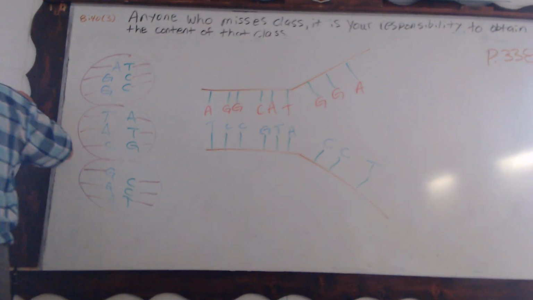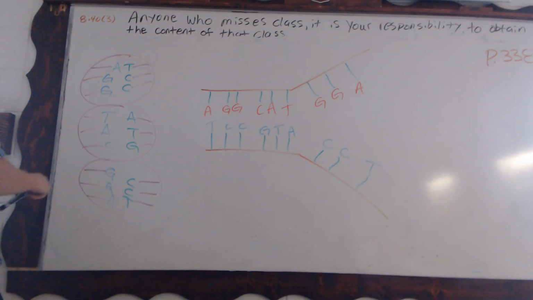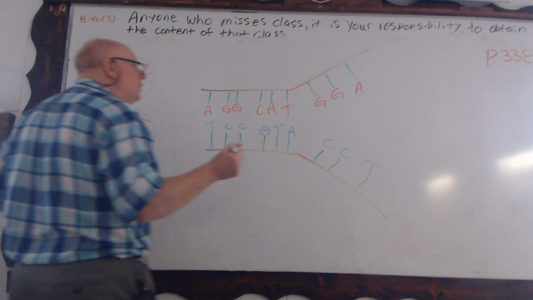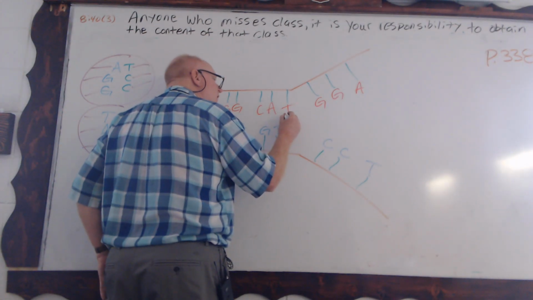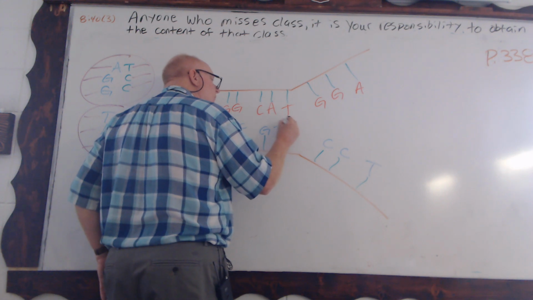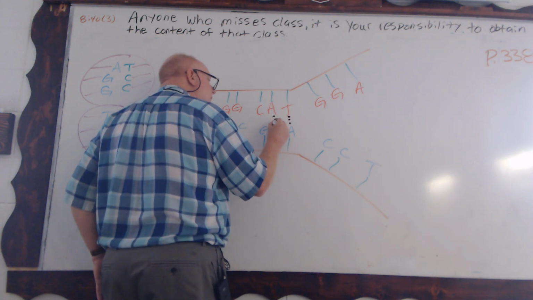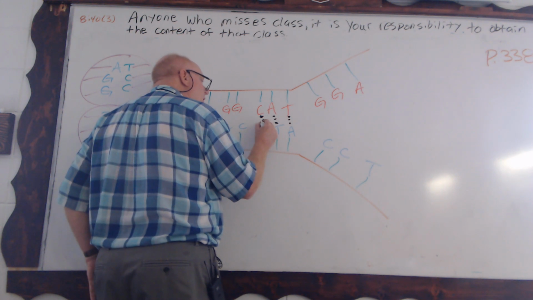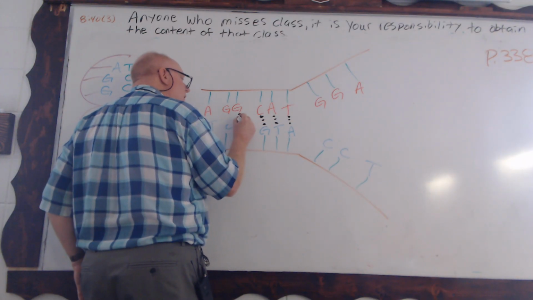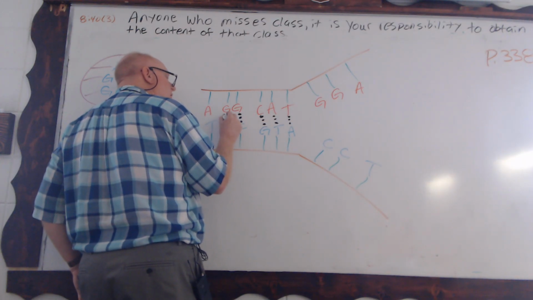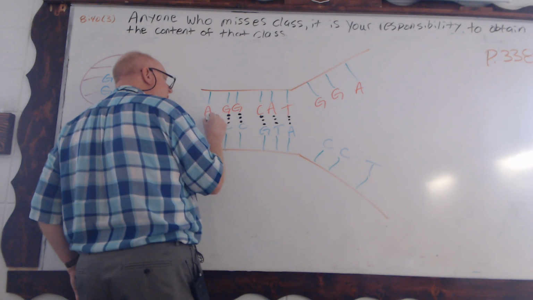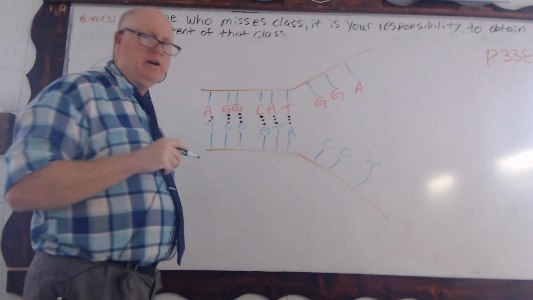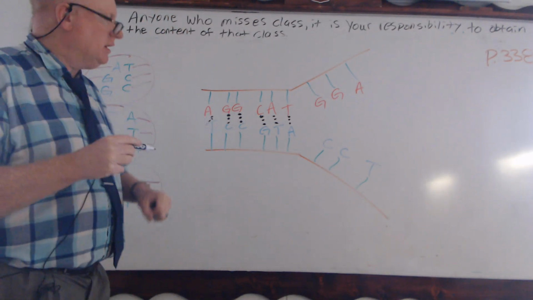Notice it said something about an enzyme. So I'm going to put these little dots in here, just 3 of them, because this is what we call hydrogen bonding, because it's hydrogen atoms that hold this together. Kind of off at a slant there, but we get the idea.